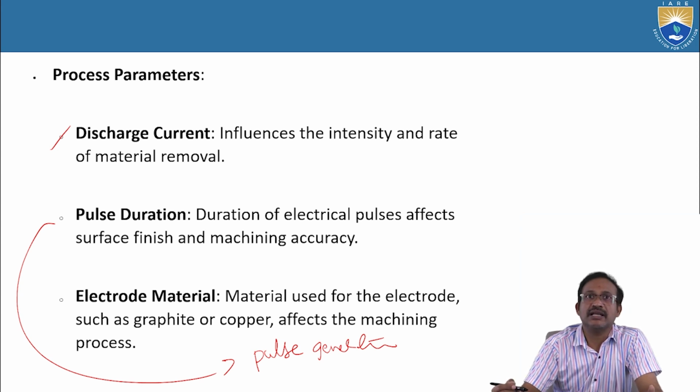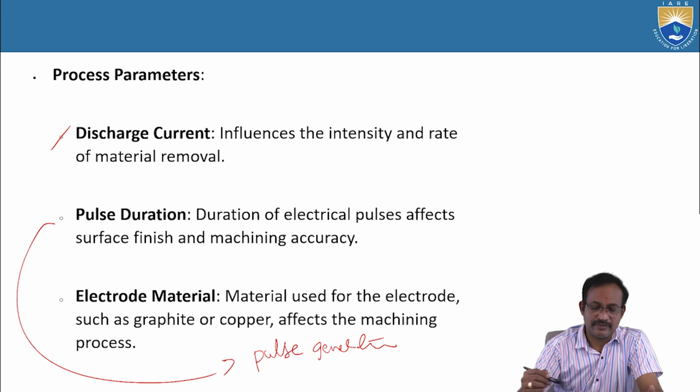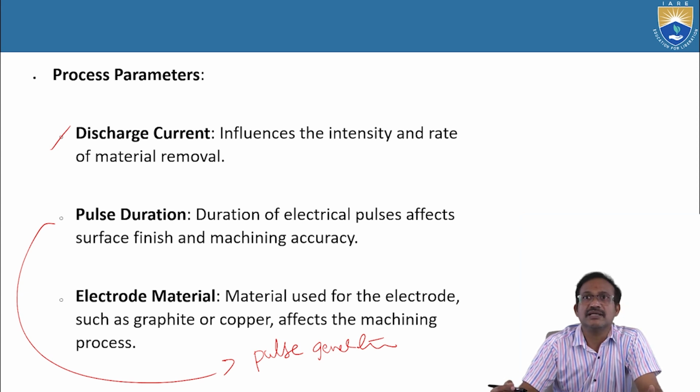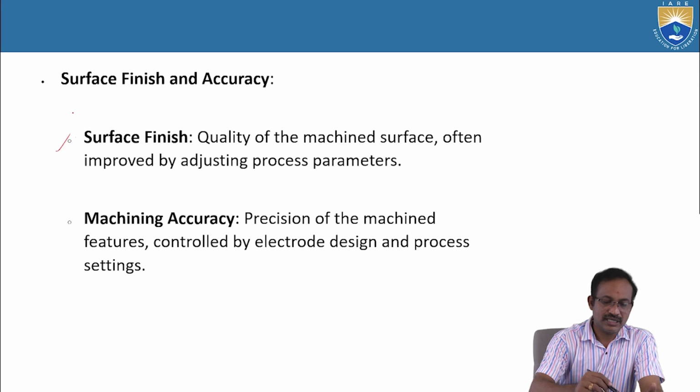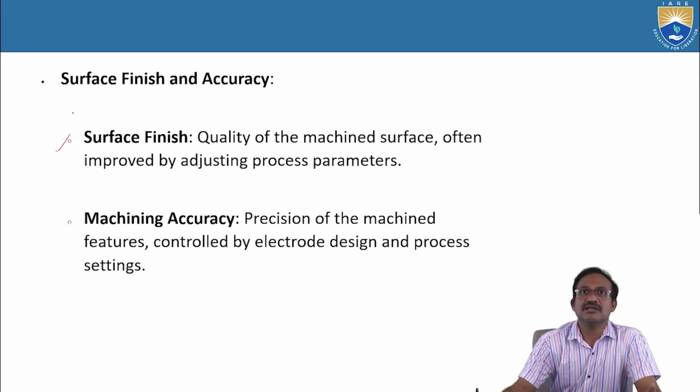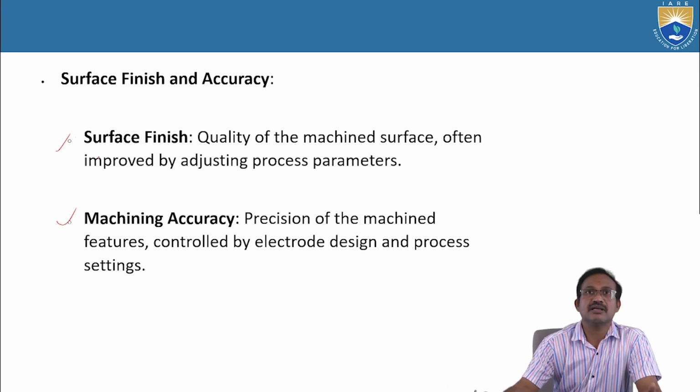Next, electrode material. The material used for the electrode, such as graphite or copper, affects the machining process, surface finish and accuracy.